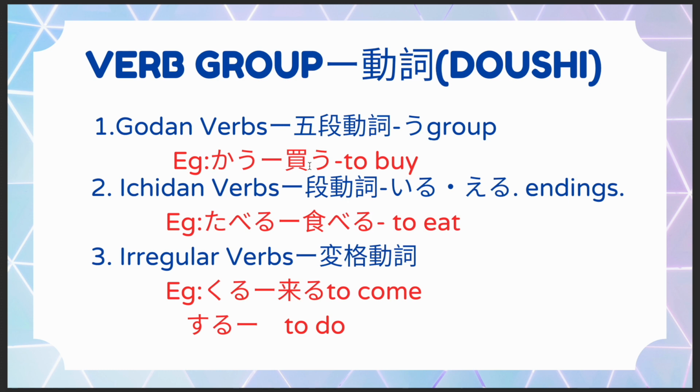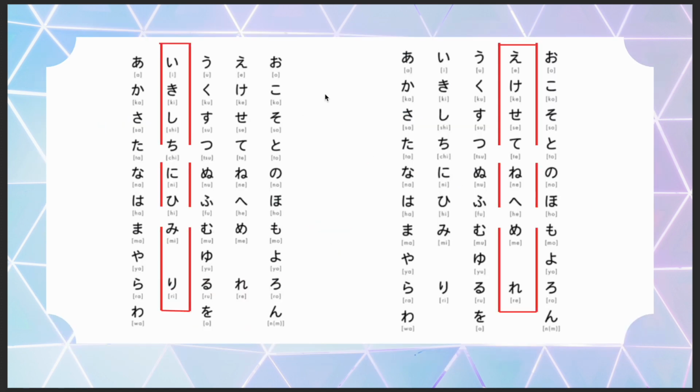So before we move into our first verb conjugation, let's first see how verbs are classified in Japanese. Let's start with number 2, ichidan verbs. So how do we identify if a verb is an ichidan verb? It ends with iru or eru. What does that mean?